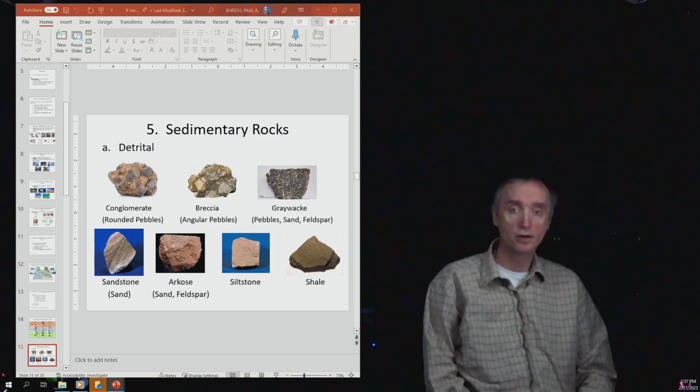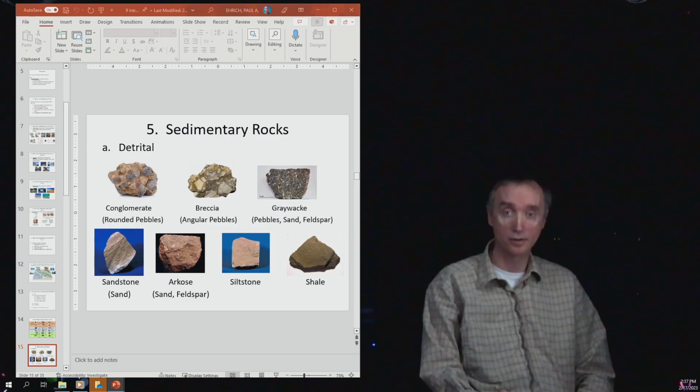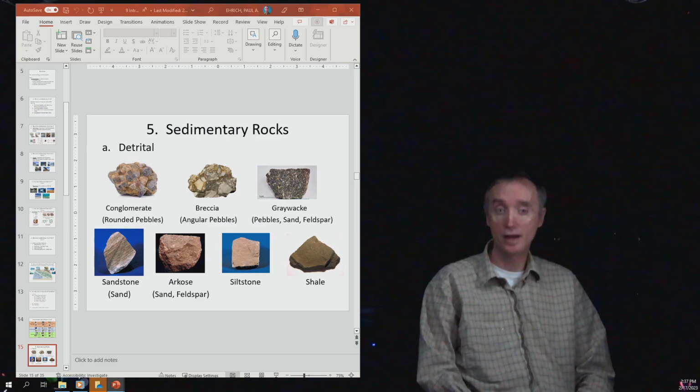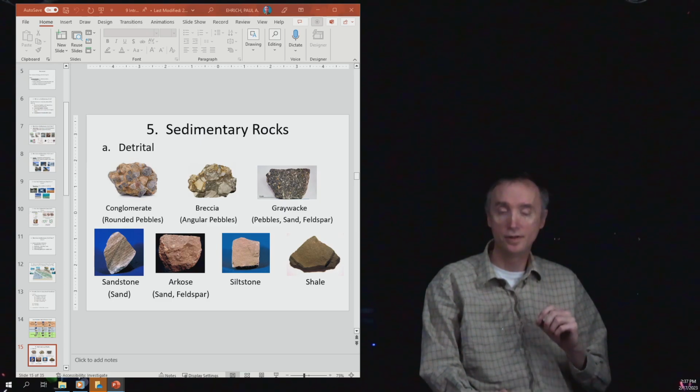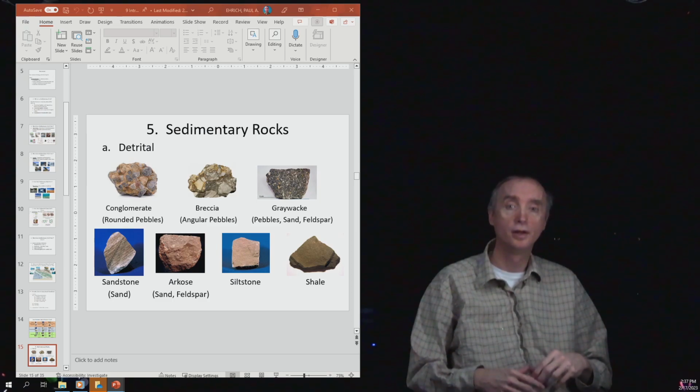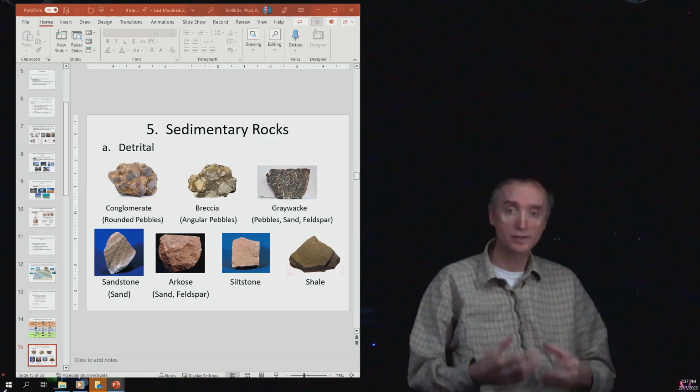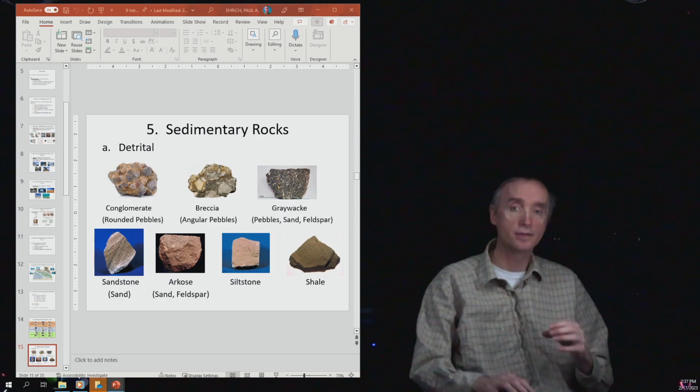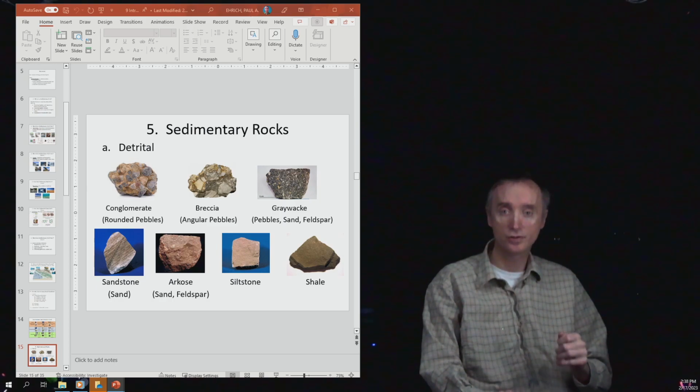Okay, then you got arkose. So arkose is like a sandstone. It's got a lot of sand in it, but it also is going to have some feldspar in there. Now, what would that tell you? Well, that's telling you that this sand has not been thoroughly mixed together, and that the feldspars have not had a chance to decompose into clays.